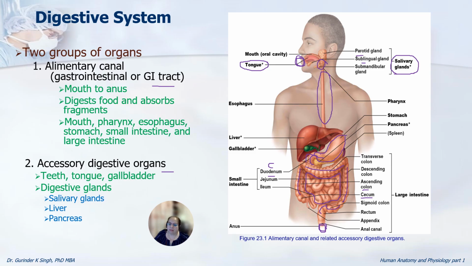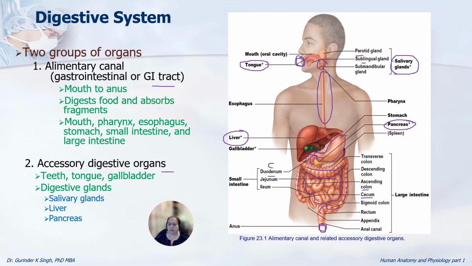We also have other glands and organs. One of the other glands is the pancreas. These are larger organs, and then we also have the liver. Part of the liver is the gallbladder. The liver synthesizes bile, and we'll talk about what bile is.